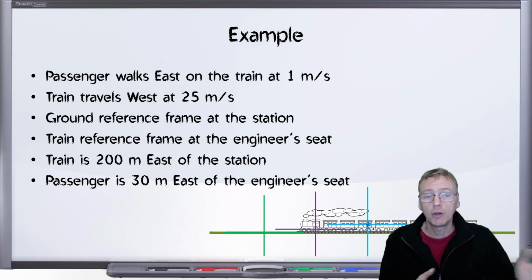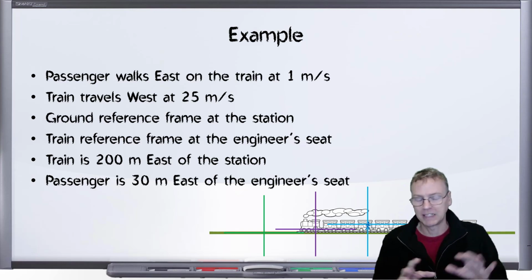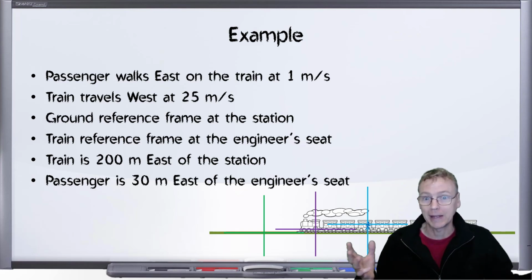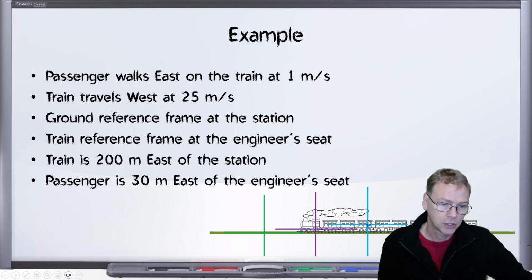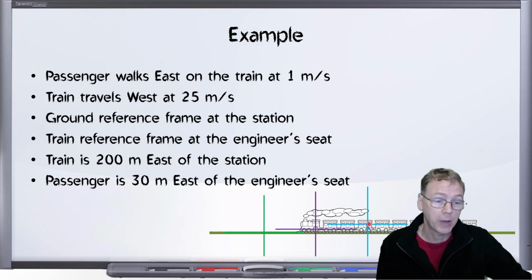Let's do a little example with some numbers. A classic word problem type of setup. We'll have our little passenger. Our little passenger is on the train, walking eastbound at about 1 meter per second. The train is cruising along westbound at 25 meters per second. The ground reference is here at a station, and I'm going to put the train's reference coordinate system right here.